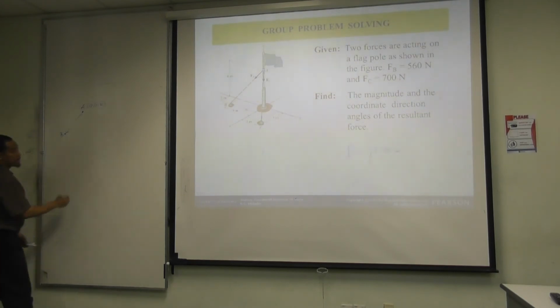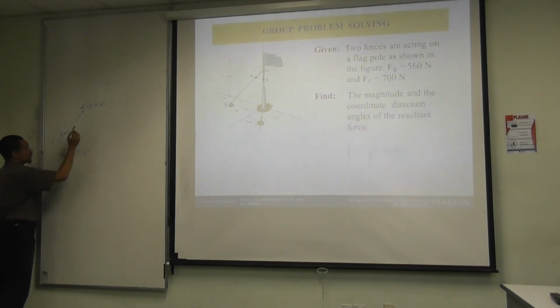B is 2, -3, 0. Make sure you pay attention now to the positive and negative. So RAB will be this one minus this one, right? So 2 minus 0 is 2i, minus 3j, minus 6k.